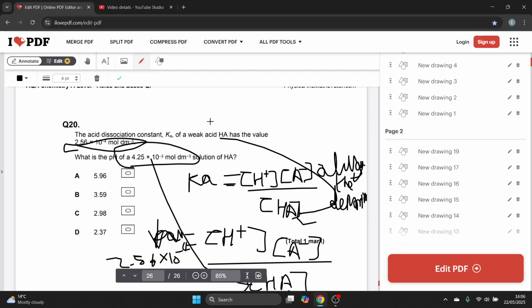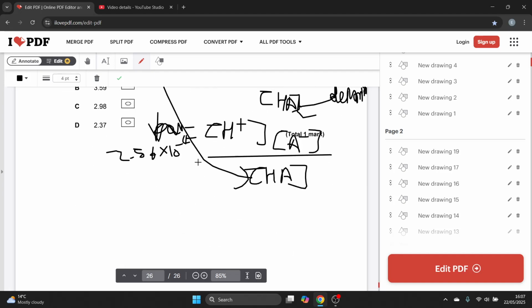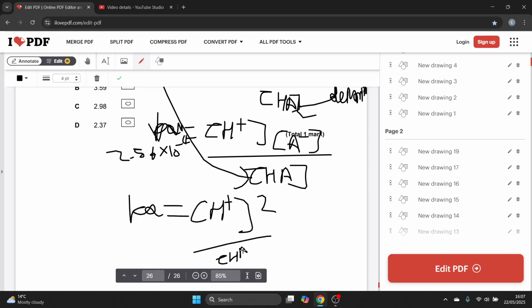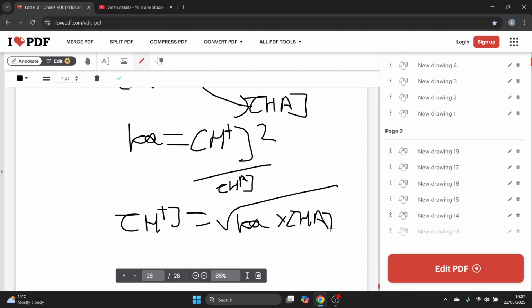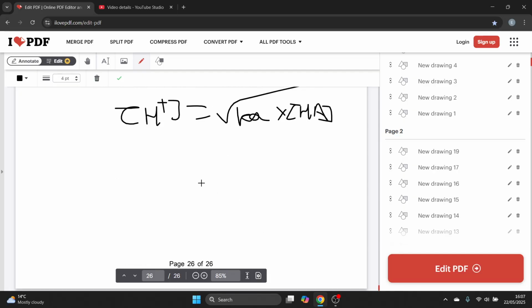Well, I know it's a weak acid. Alarm bells go off. Concentration H plus equals concentration A minus. And therefore I get Ka equals concentration H plus squared over HA. And then I rewrite that as concentration H plus equals the square root of Ka times concentration HA. And it gives me both those values, so I just substitute in there.